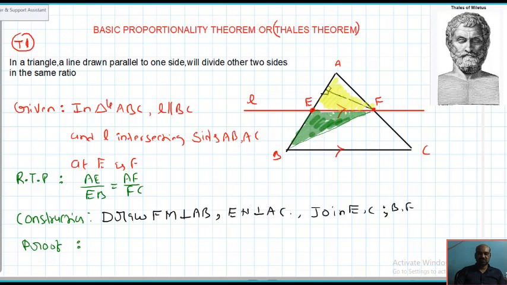The green shaded one is an obtuse angle triangle, the yellow shaded one is an acute angle triangle. Now I want to find the areas. I want to write: consider area of triangle AEF by area of triangle BEF.